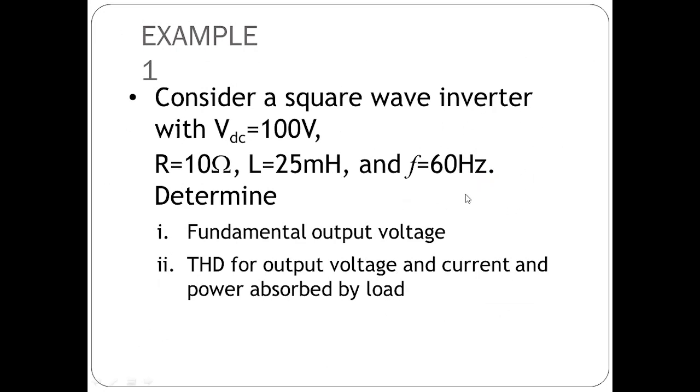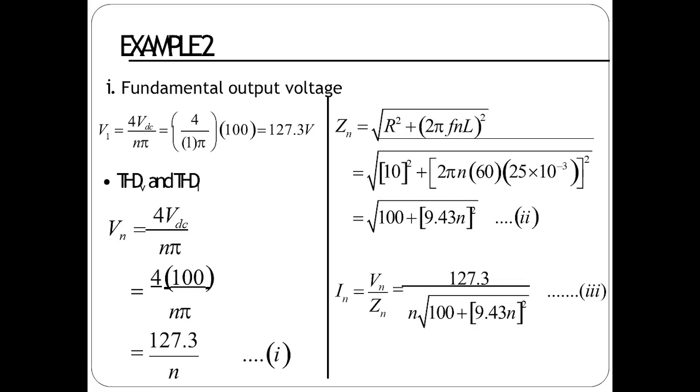This 60 Hz is multiplied with 25 into 10 power minus 3, that is the 25 millihenry inductance, and completely it is in a square root with the bracket squared. After squaring this, we get the square root of 100 plus (9.43 n) squared. The 9.43 n is the value of this bracket: 2 pi n into 60 into 25 into 10 power minus 3 gives you 9.43 n.